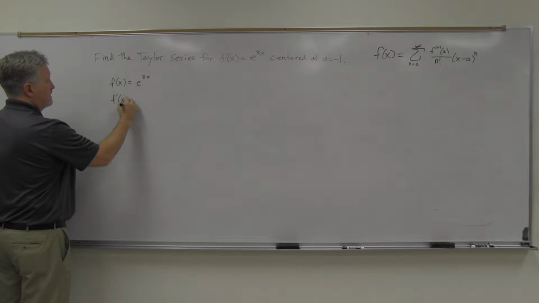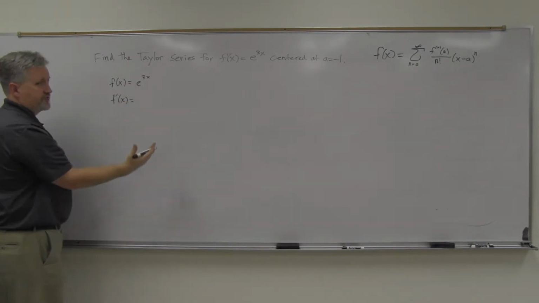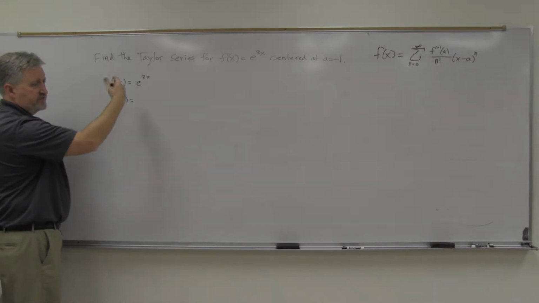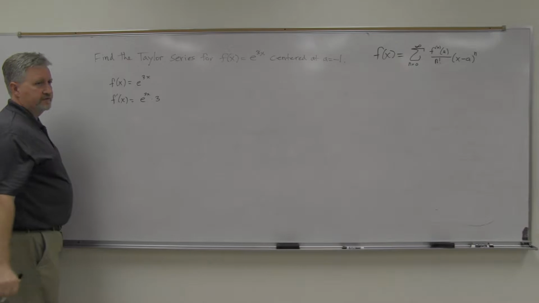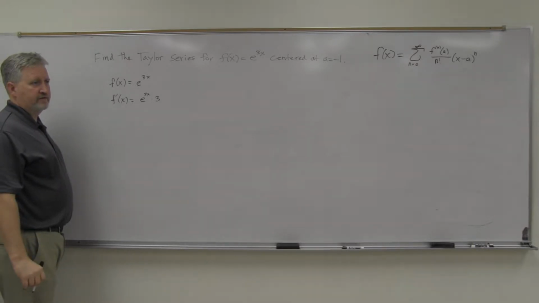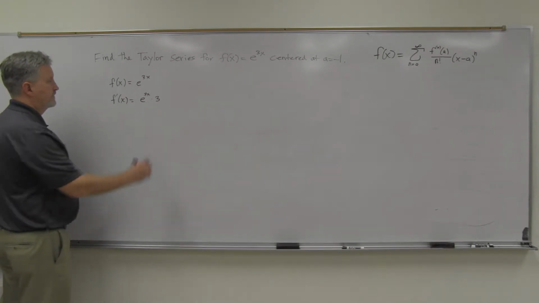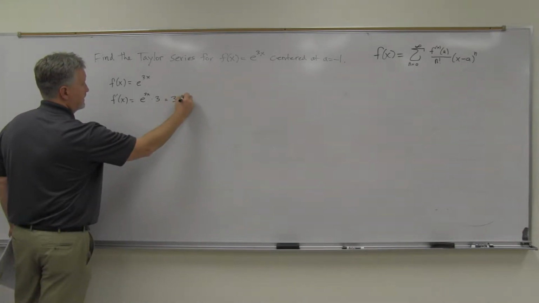The first derivative would be, well, just a little chain rule. The derivative of e to a power is just e to the power, but by the chain rule you have to multiply by the derivative of the exponent. So that's 3 e to the 3x.